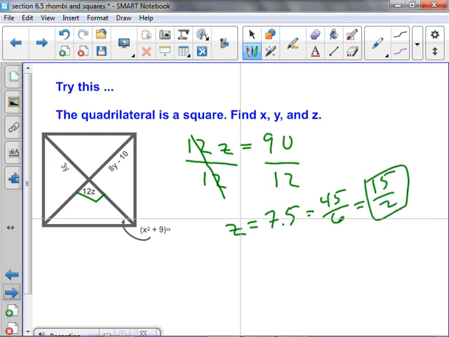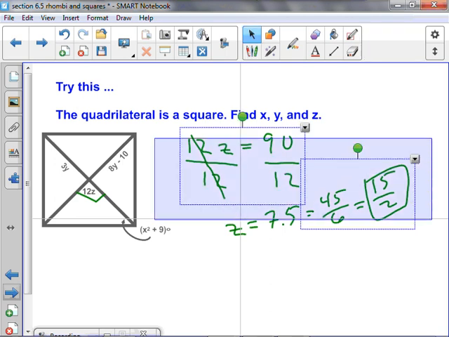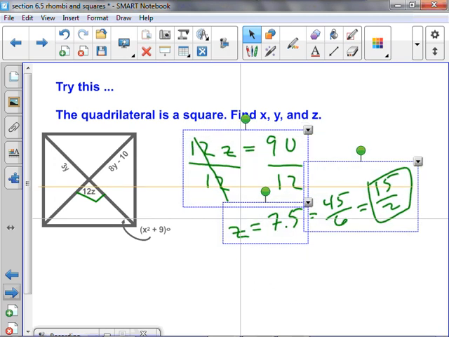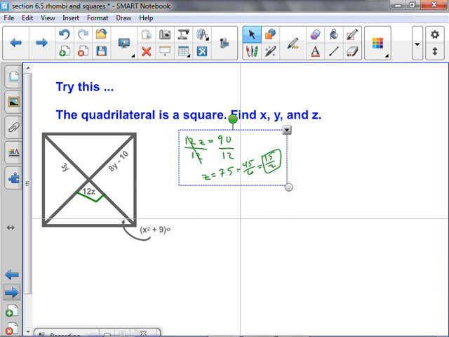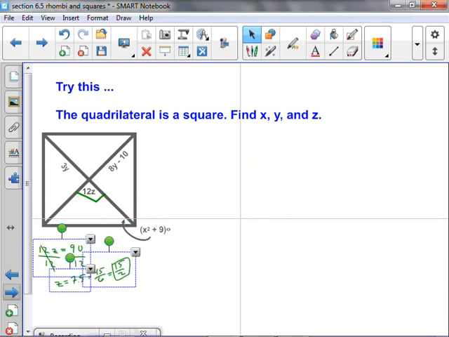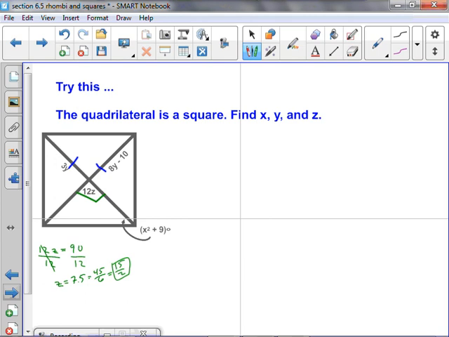Okay? So we've got z, and now let's work on the next one. I know that my diagonal pieces must be the same, so that must equal that in a square. Okay, so I know that 3y must equal 8y minus 10.